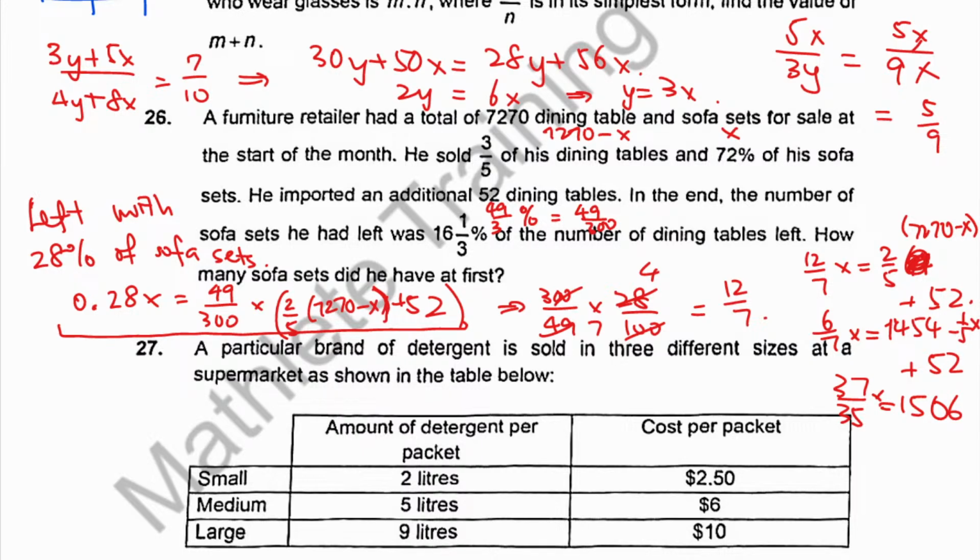Maybe a minute while I check my calculations. So 12 over 7x is equal to 2 over 5. Okay, 2 over 5 times 7270 plus 52. Okay, this should be 26, not 52.